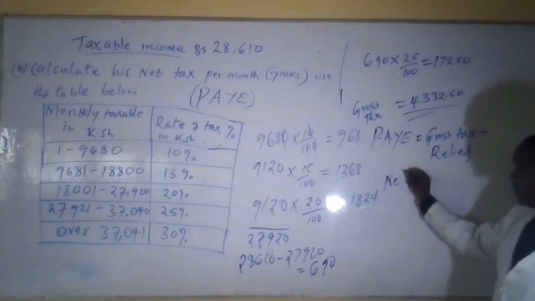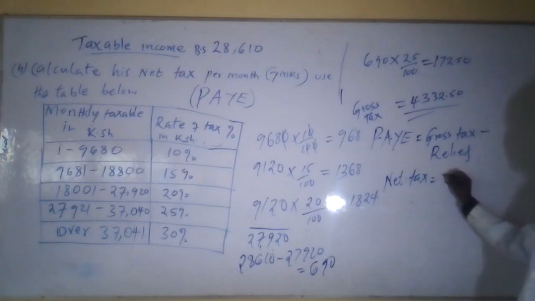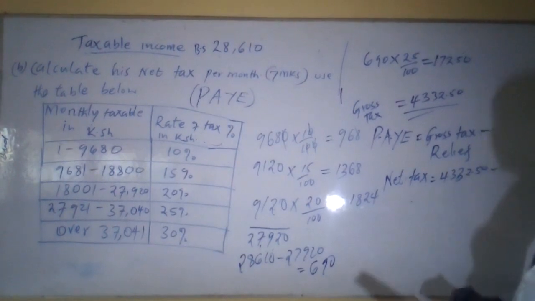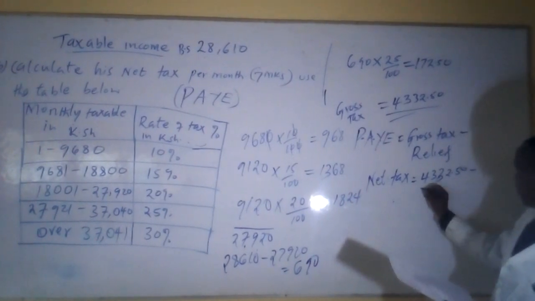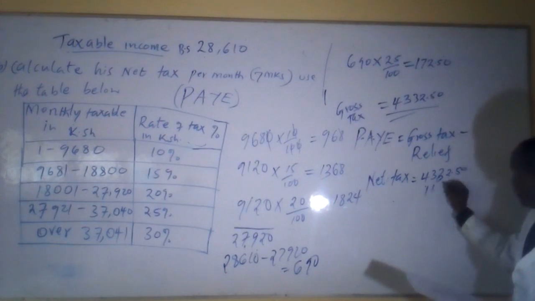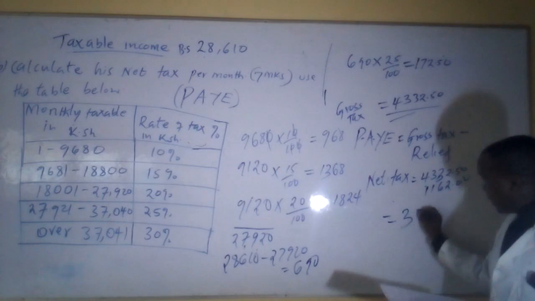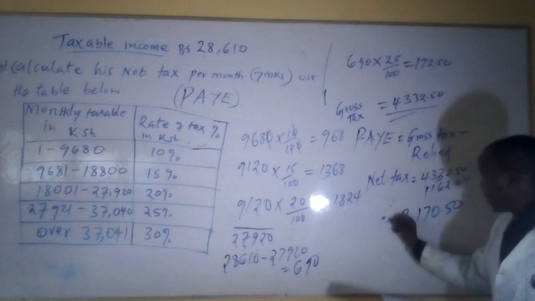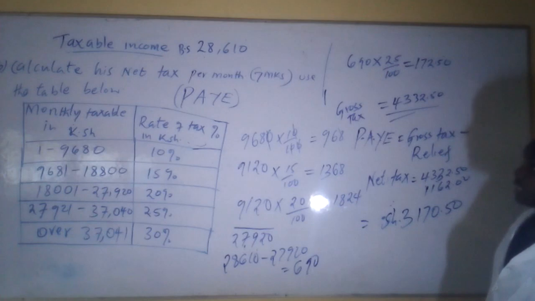So our net tax will be equal to 4,332.50, our gross tax, subtract 1,162.00, and this one will give us 3,170.50 Kenya shillings. And this is what we now call PAYE, which is the net tax.